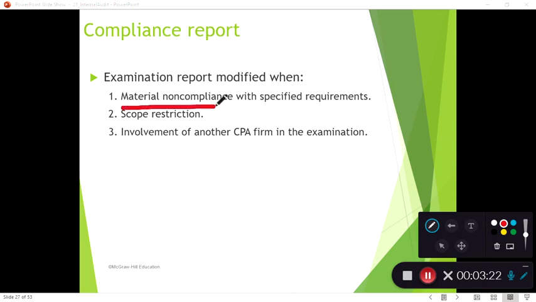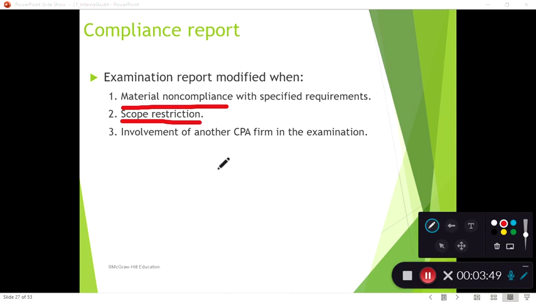And we're going to modify it if there's material non-compliance, right? To where basically, let's say it's an environmental examination, and the firm was supposed to keep waste below a certain level, and they did not comply with that, then that would have to be in the report.